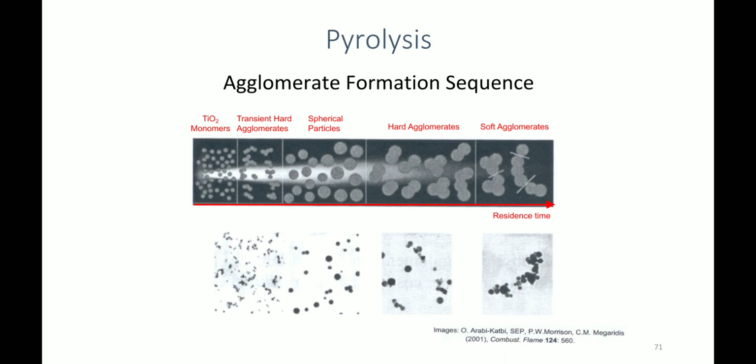In this paper they are talking about TiO2 nanoparticles. When the precursor for the synthesis of TiO2 is sprayed in the jet or in the flame, there is a formation of TiO2 monomers in the initial stage of the flame.